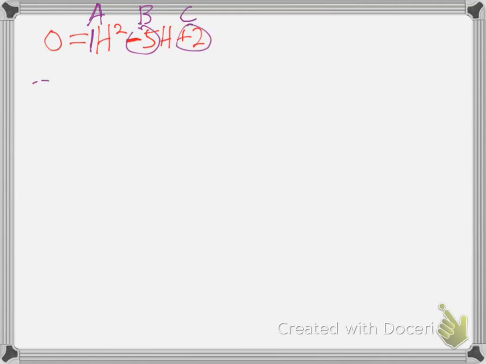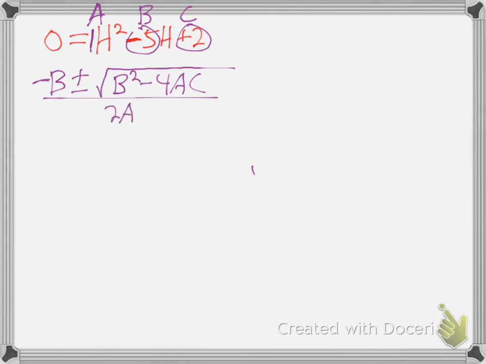So the quadratic formula: negative B plus or minus the square root of B squared minus 4AC, all over 2A.